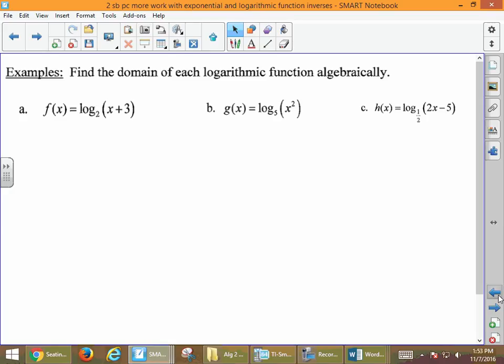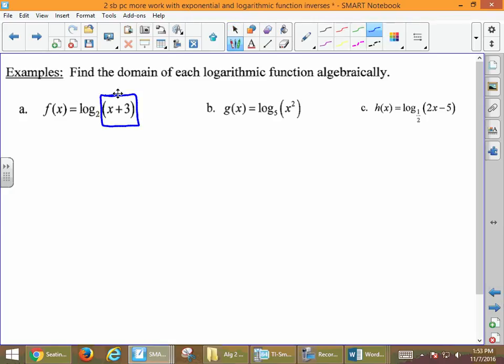And what we need to notice in A, B, and C here is that they have log in there. On these functions, this part of the logarithm, sometimes referred to as the argument of a logarithm, has to be positive.